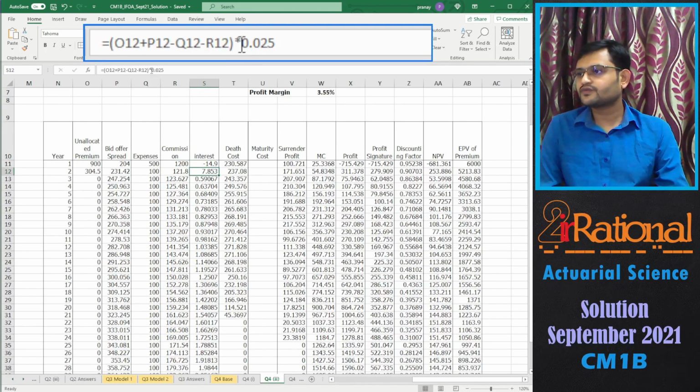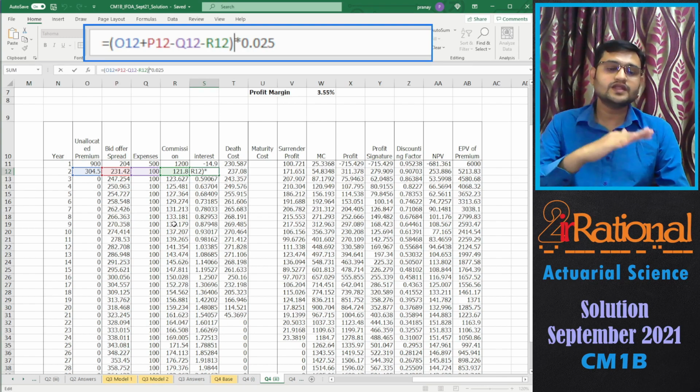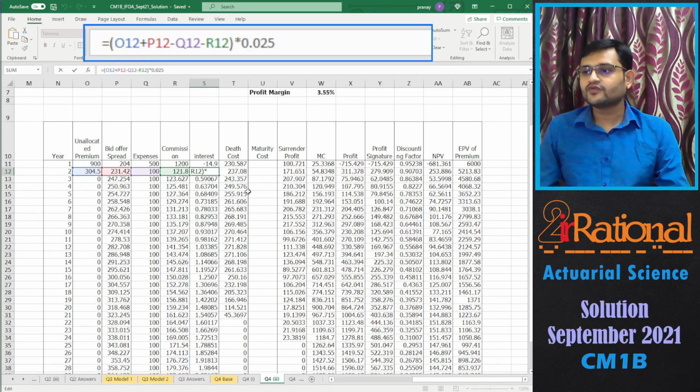Interest, we will have our unallocated premium plus bid offer spread minus expenses minus commissions into the rate of interest. Now again, you could take expenses and commissions as negative. I treat everything as positive and then make my positive and negative in the formulas whatever I would require.